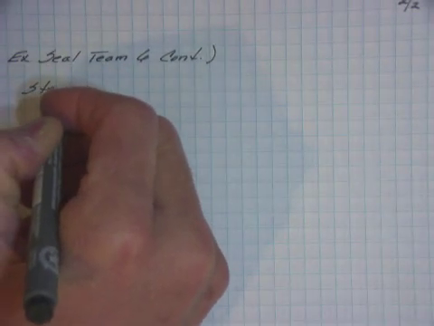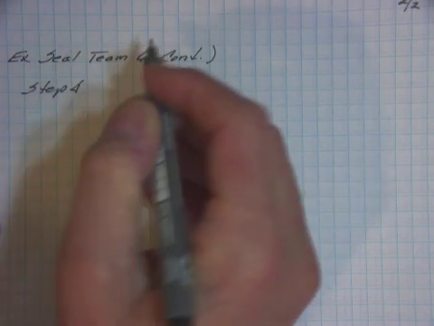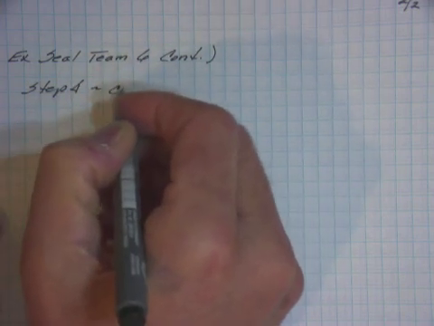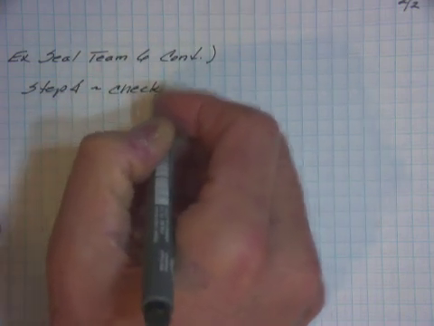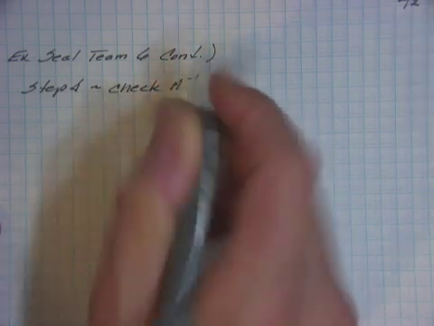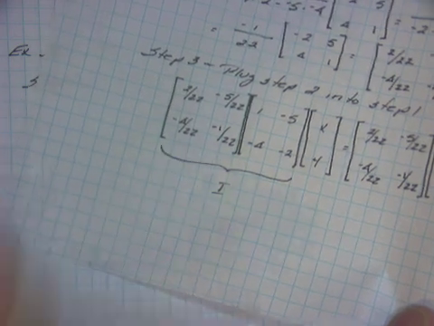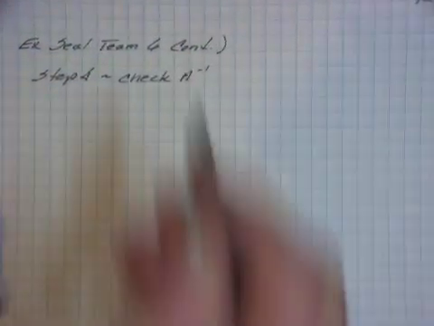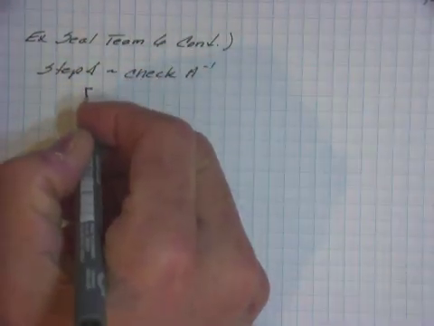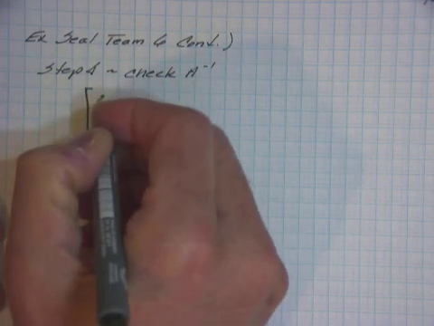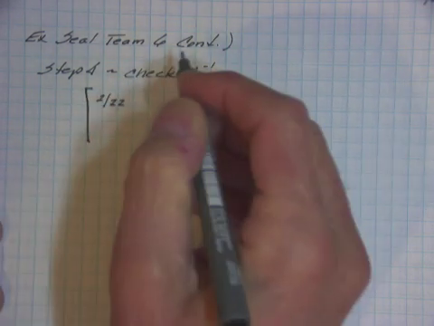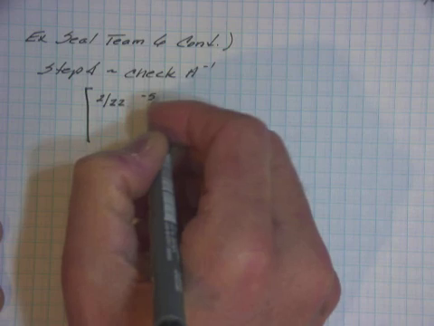So step 4 is to check your inverse matrix. And we do that by multiplying these together and making sure we get an identity matrix.